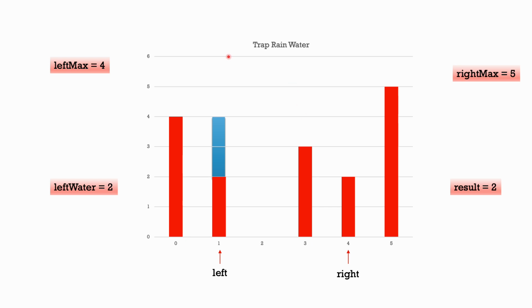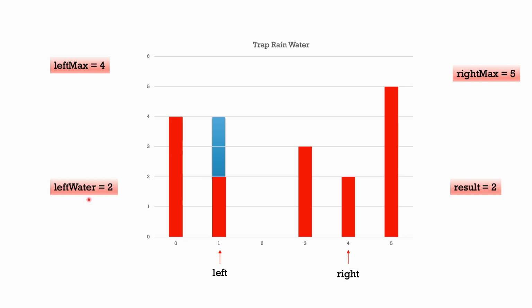Now what we do is initialize a left max variable and a right max variable. When we initialize this, our left max would be the height of the 0th index element, so in this case it's 4, and right max would be the height of the last element, which is 5 here.